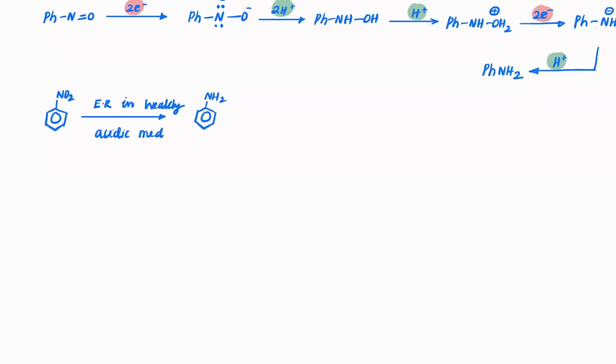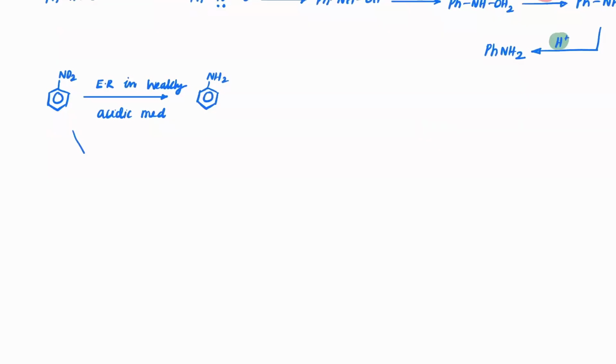Now suppose you have electrolytic reduction in strong acidic medium. First you'll get this NH, and first you'll get OH, and the H which is present here can undergo rearrangement.